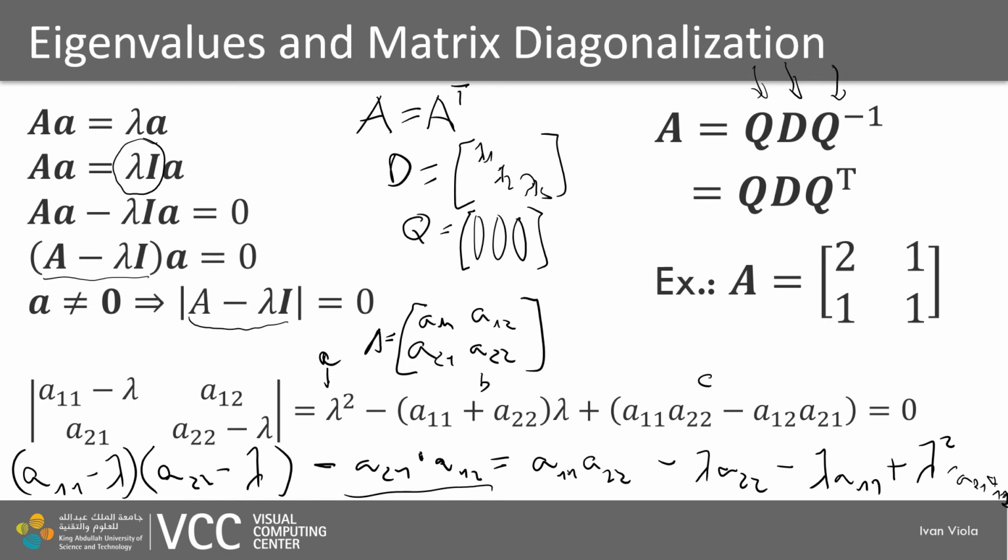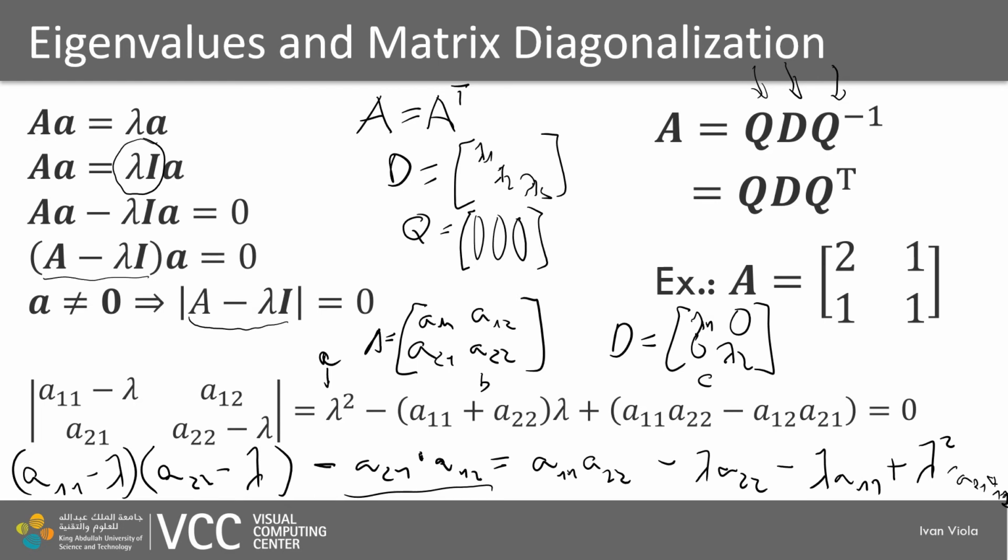So this way, we will calculate that D is equal to lambda 1, lambda 2, and this we will use for obtaining the diagonal matrix. How can we calculate our eigenvector out of this?